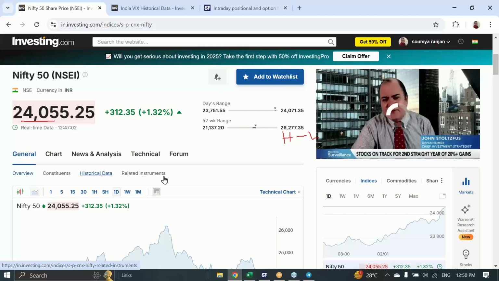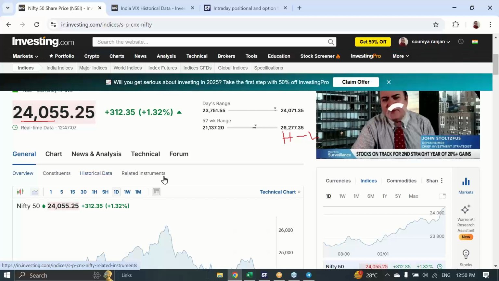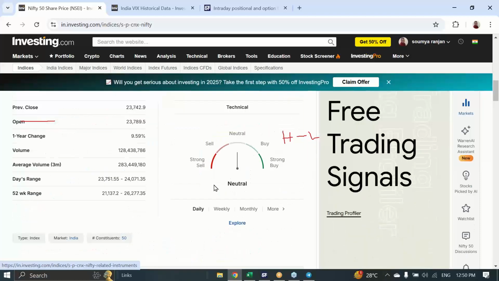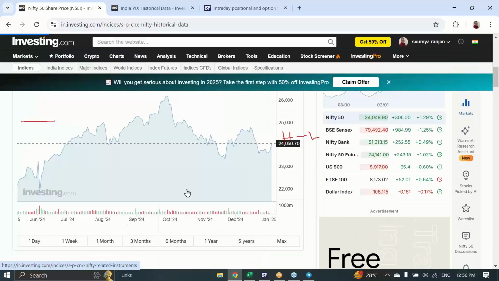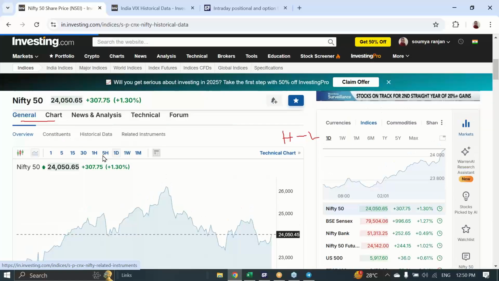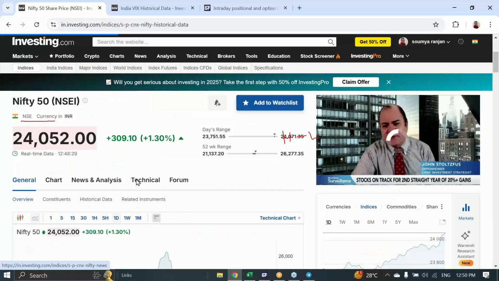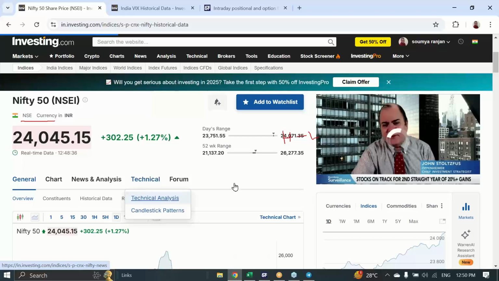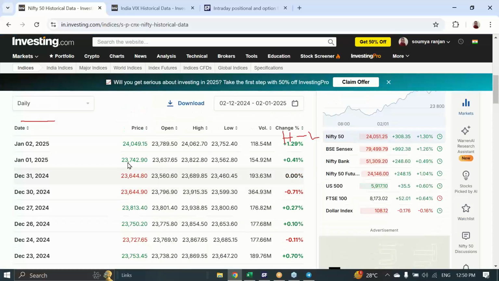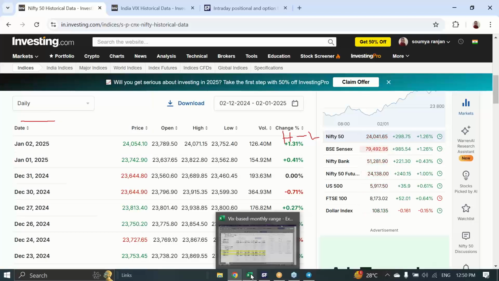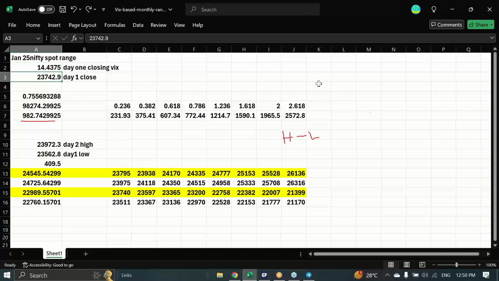If I click here, I will get the historic data for the Nifty, which will give me the closing price on the historic price. Say it is 23,742.9. Once you get that, your calculation will start.